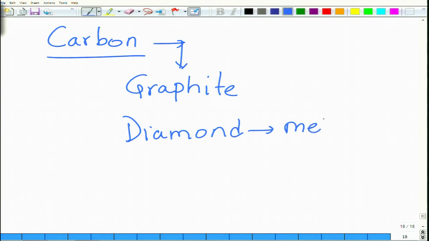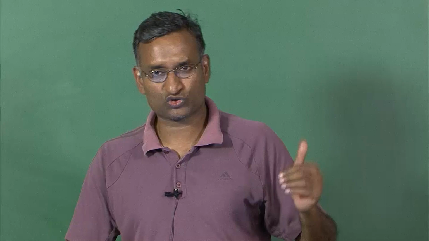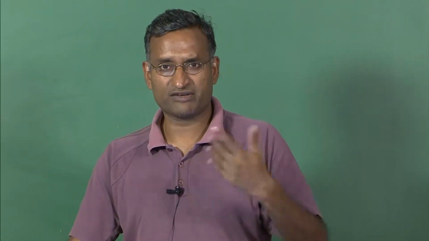Diamond is the metastable form and graphite is the stable form. But we do see that diamond exists. However, if you leave diamond for a very long time, diamond will eventually convert to graphite.